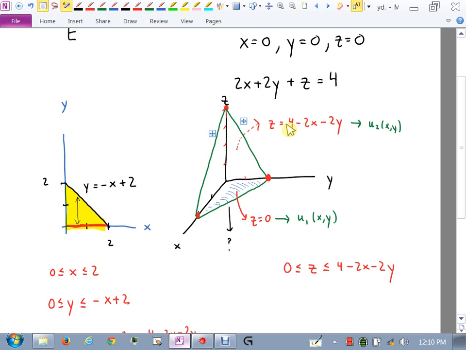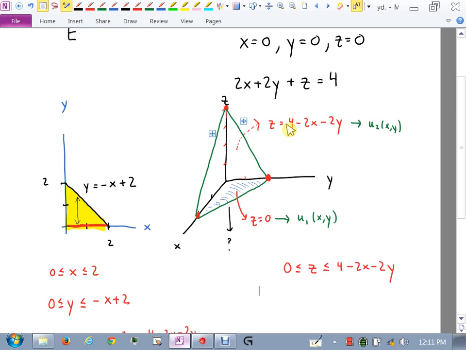What's the difference? Well, my y will be between 0 and 2, but now my x's are between two functions of y. What would those functions be? 0 and, you just solve this for x. So it'd be x equals negative y plus 2, and then you switch your order of integration, and that'll be the exact same answer.